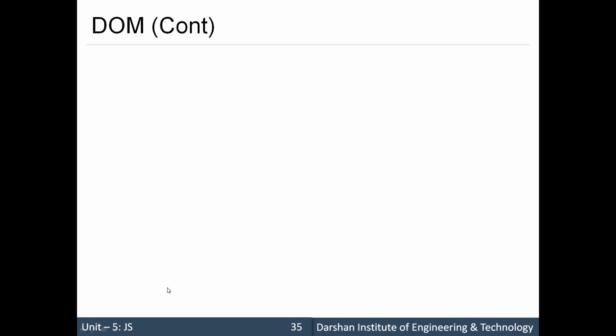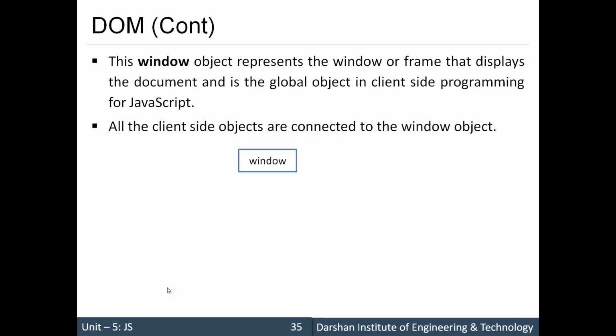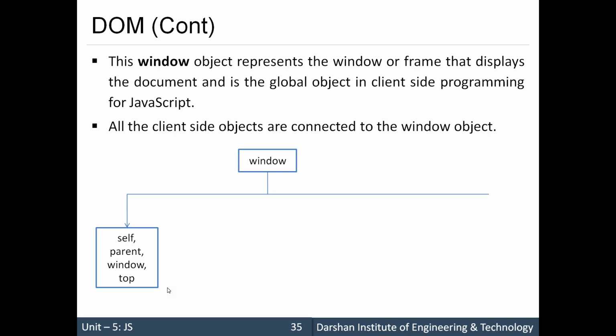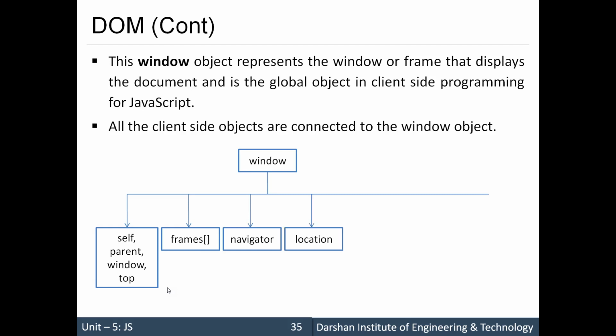Okay, so let's see that diagram. Window is at the top and it contains many objects like self, parent, window, top, and frames, which will contain all the frames inside our window. Navigator will return the information about the browser we are using. Location will give the location information. History will provide the history object of the window.